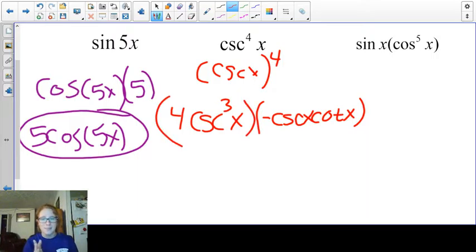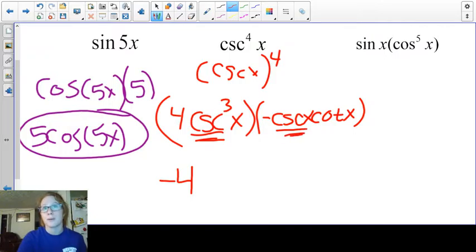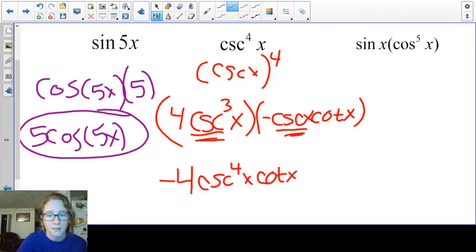So when I deal with this thing, I can only multiply what is the same. So negative and a 4 gives me negative 4. I have 3 cosecants here multiplied by 1 more, which makes it a 4th one. So I have negative 4 cosecant to the 4th of x, cotangent of x.